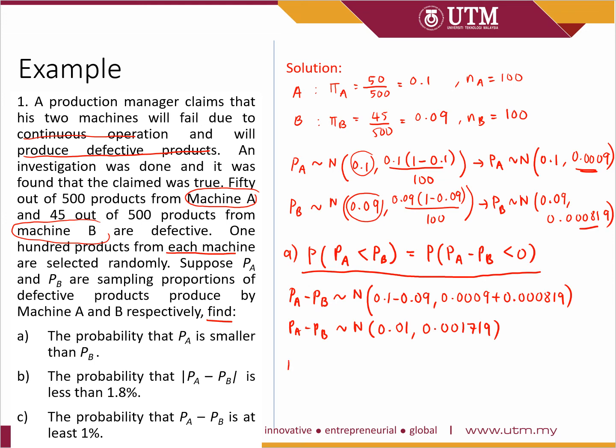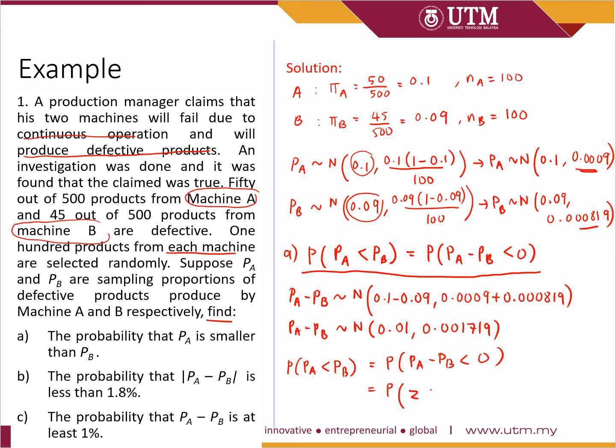Given the probability of PA less than PB equals this, we can solve it using the standard normal distribution.